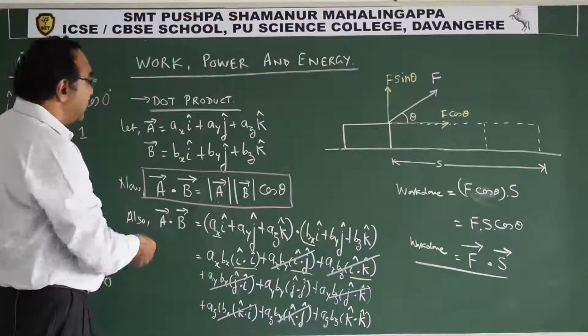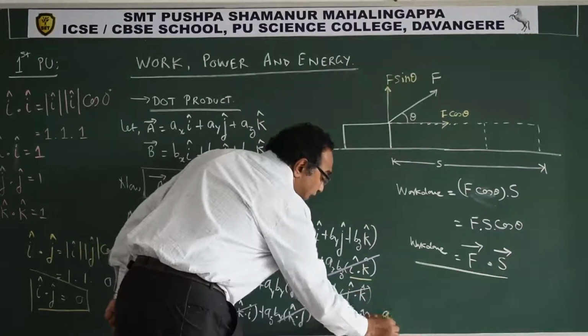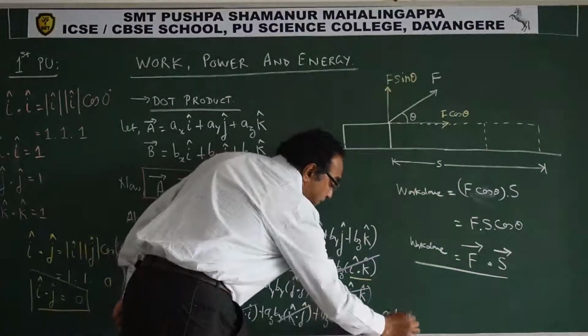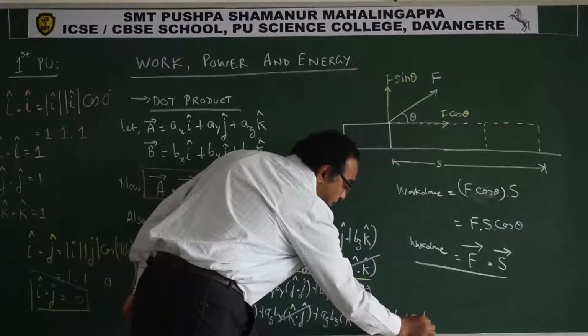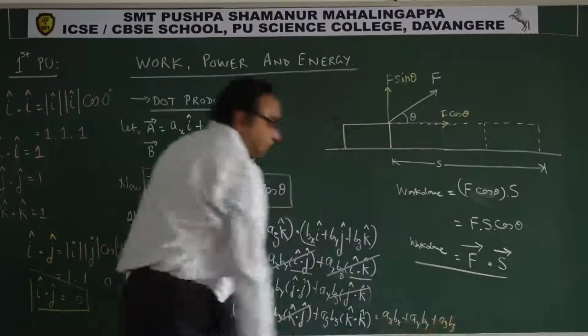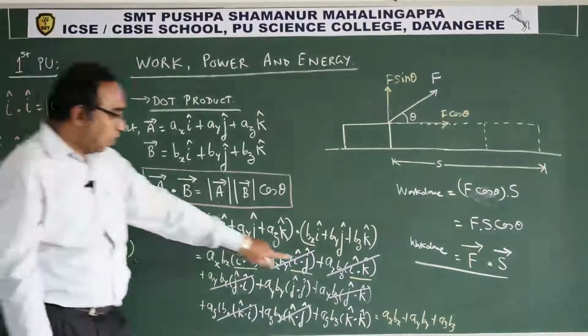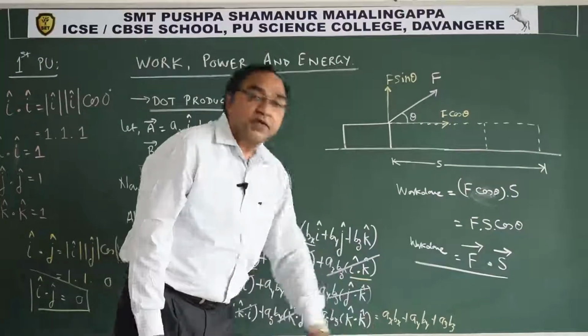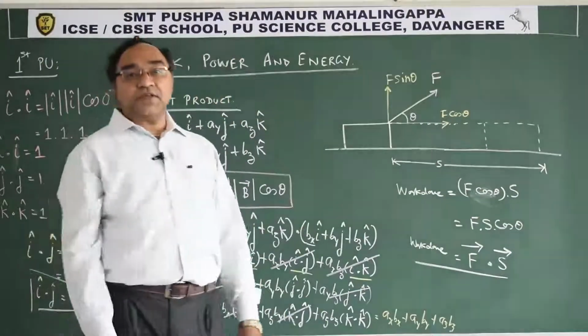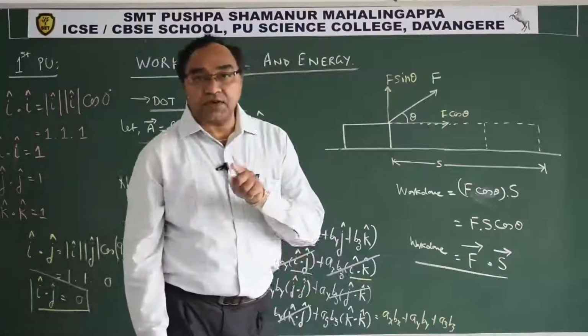What is left out is a dot b works out as ax bx plus ay by plus az bz. Observe a dot b, what we are getting, ax bx, is there a unit vector with this term? No. Ay by, is there a unit vector with it?